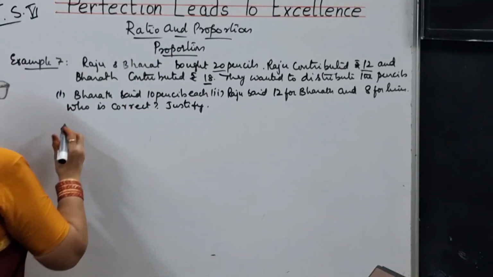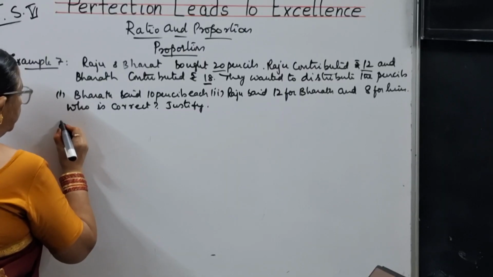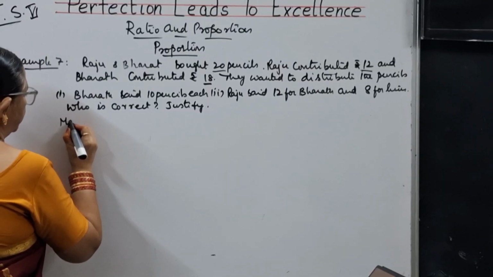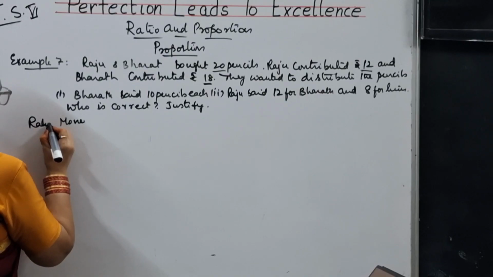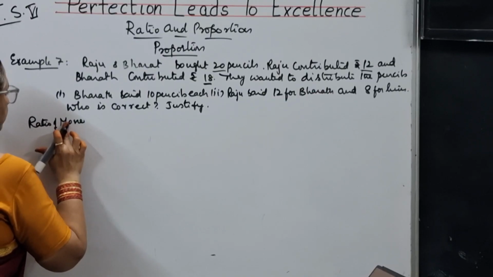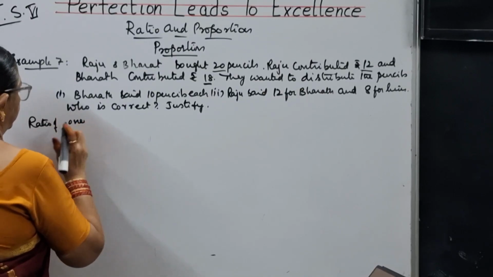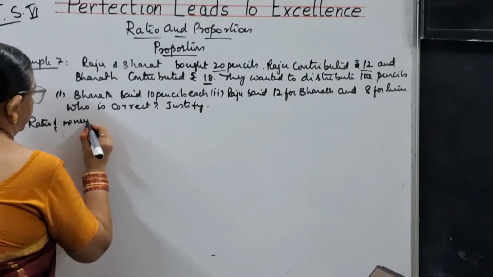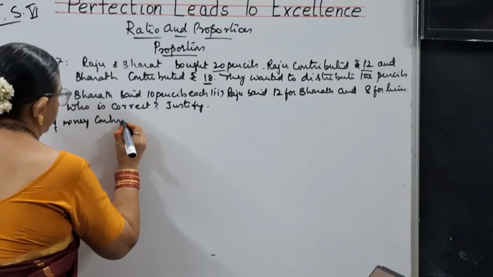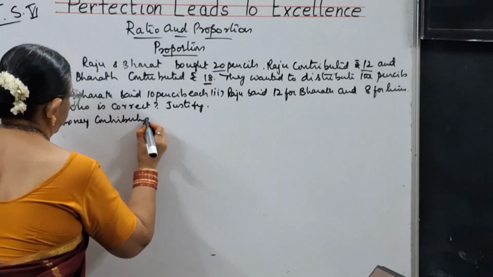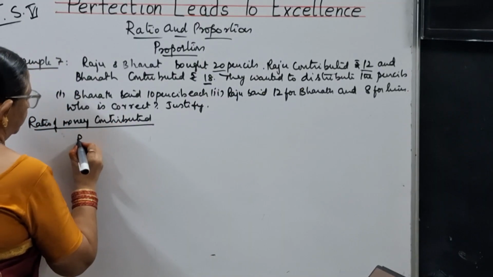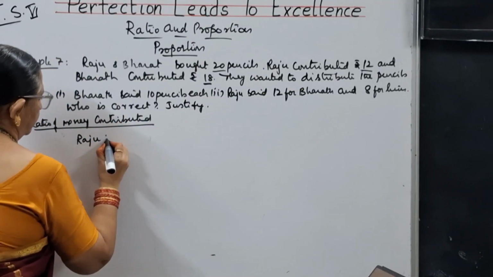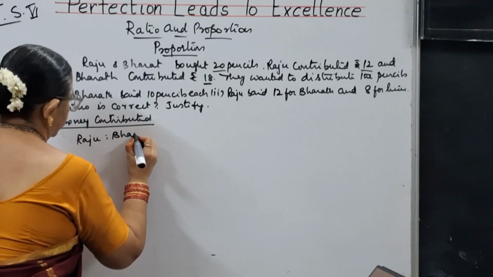So let us see. Let me write the ratio of money contributed. First Raju is to Bharat.